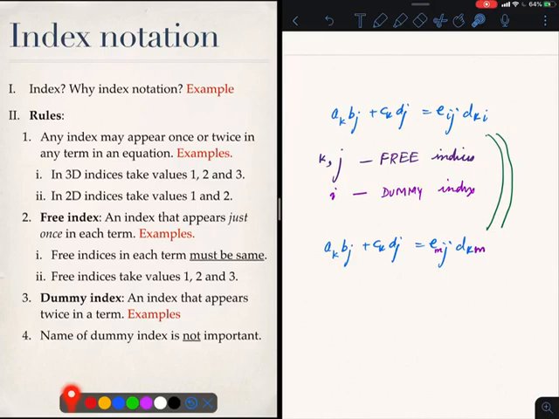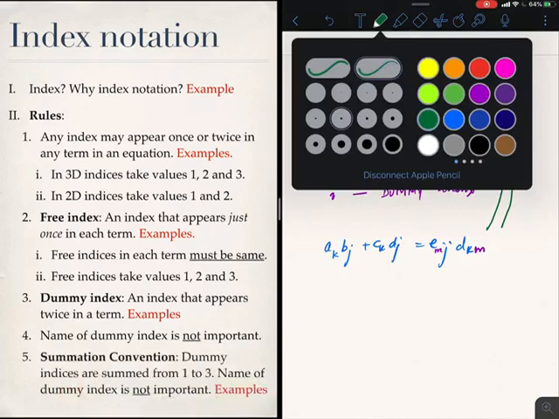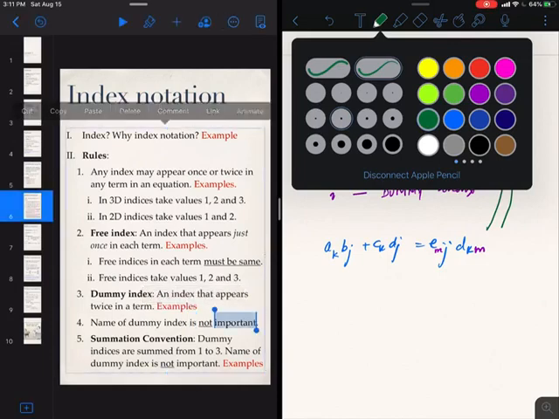Now one more thing which I have forgotten to put in the slide, but I will put it when I send it to you. Actually, why don't I write it in the slide right now, so that we can go over it together.